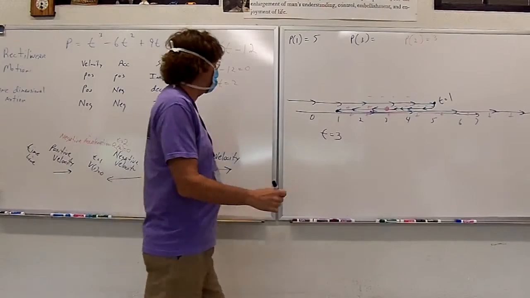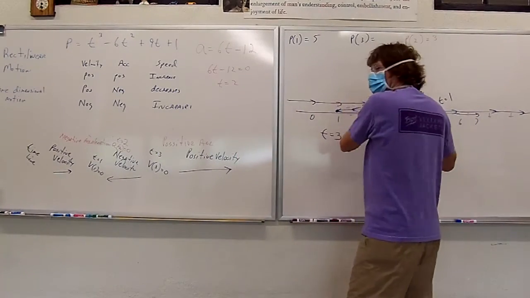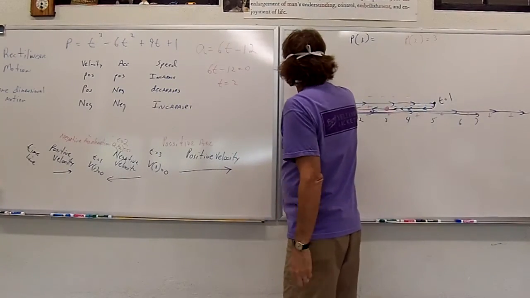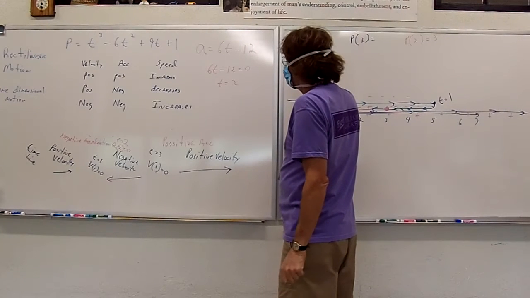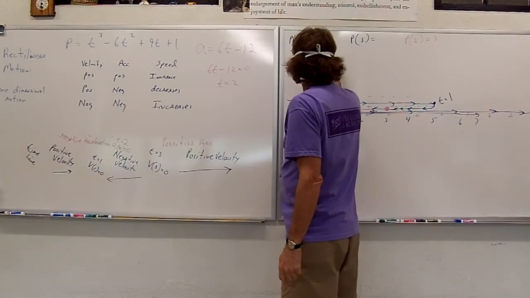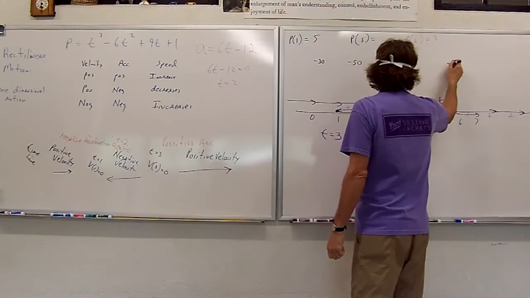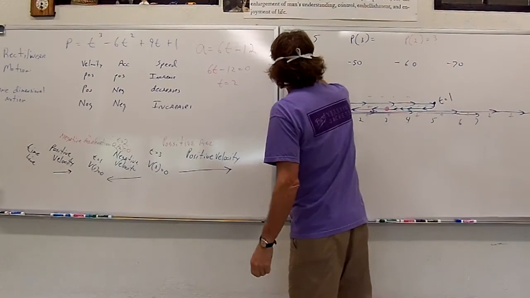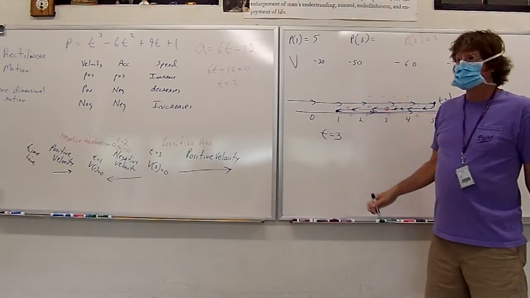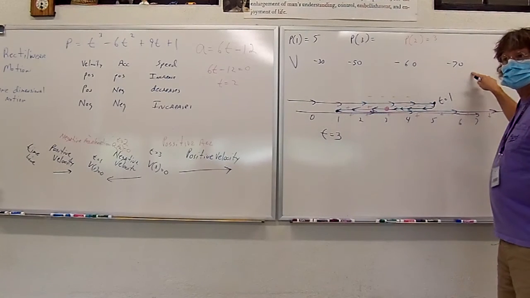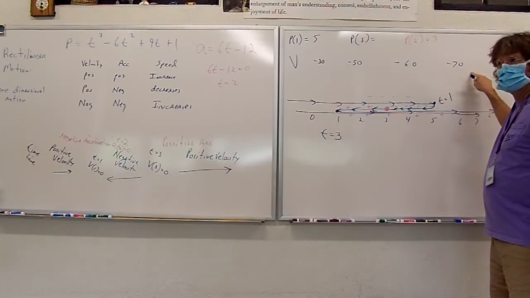Well, let's look at this. This does not have anything to do with that chart. I'm just going to make this. Let's say I go negative 30, negative 50, negative 60, negative 70. And I told you those were the velocities. Does everybody agree that's getting smaller? Right?